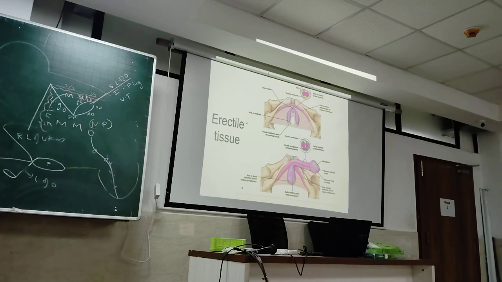The bulb of penis, which continues in the glans penis, contains the urethra within, but it is surrounded by erectile tissue. But the greater erectile tissue is the blind sac, which is formed by the crus penis continuing in the body. If you see the cross section of the penis, two crura on either side and one penile urethra surrounded by the bulb of penis.